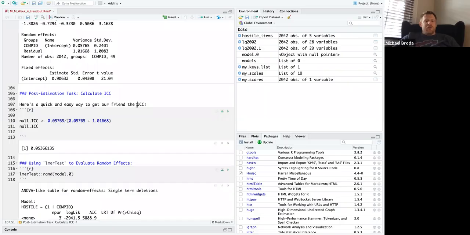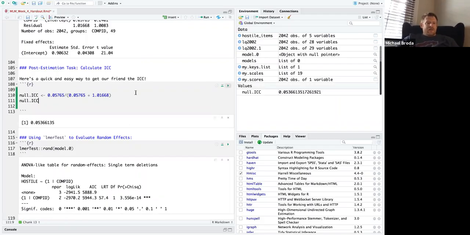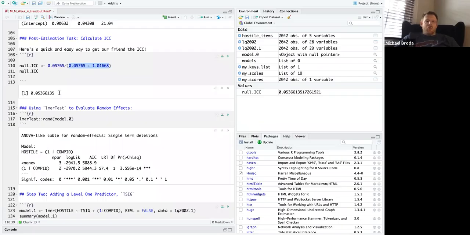Okay, so another thing to do after you run your null model is to calculate your ICC. Here's a quick and easy way to calculate an ICC. You can run that, and remember that's just plugging in the company level variance, which is 0.057, divided by the sum of the company level variance and the individual level variance. The ICC here is 0.053, so that's right at about the threshold at which we would expect to need to use multi-level modeling.